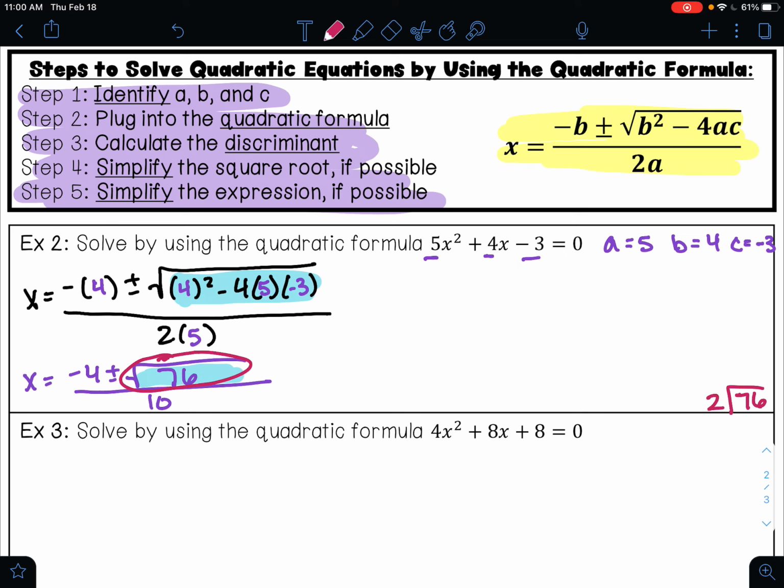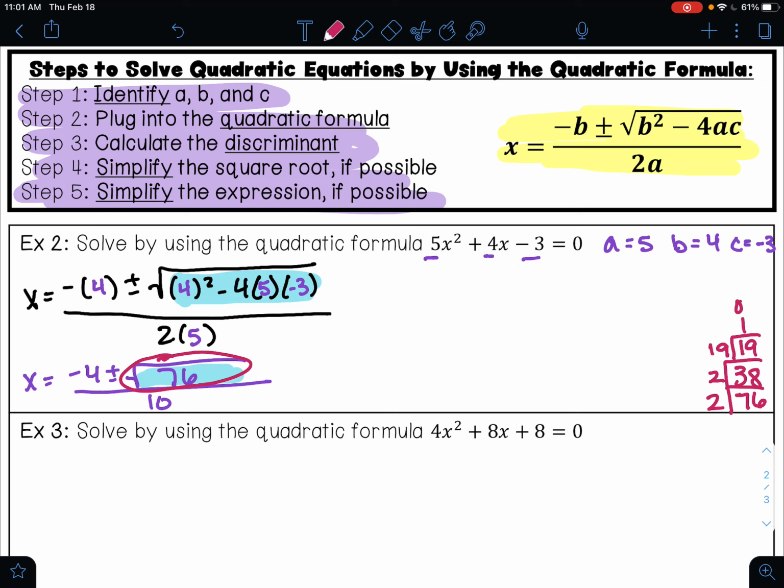That goes in 38 times. 2 goes into 38 19 times. 19 goes into 19 one time. When you get to 1, you're done. That's the candle to your cake.